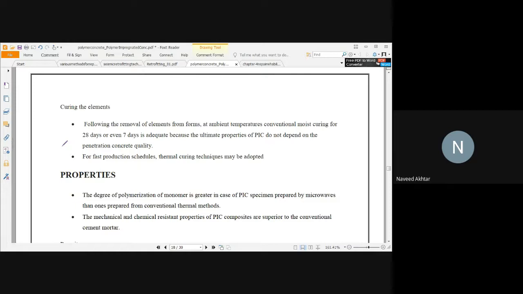That's why I'm telling you that when you apply polymer impregnated concrete for repair, you need more temperature, and then the thermal curing is the hardening process, and the repair can be done very fast.